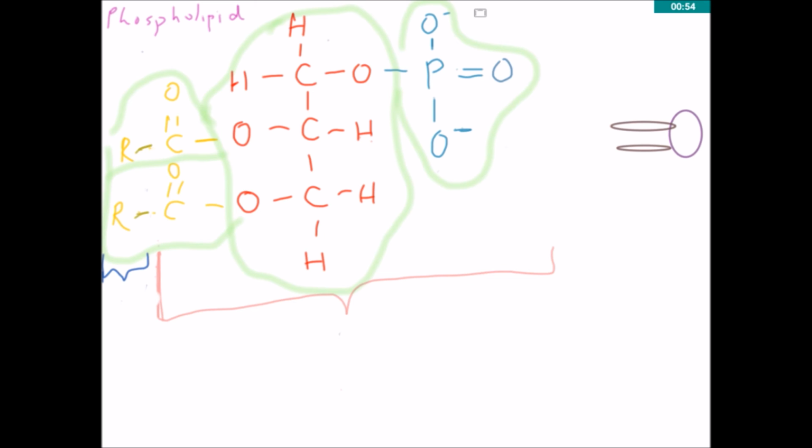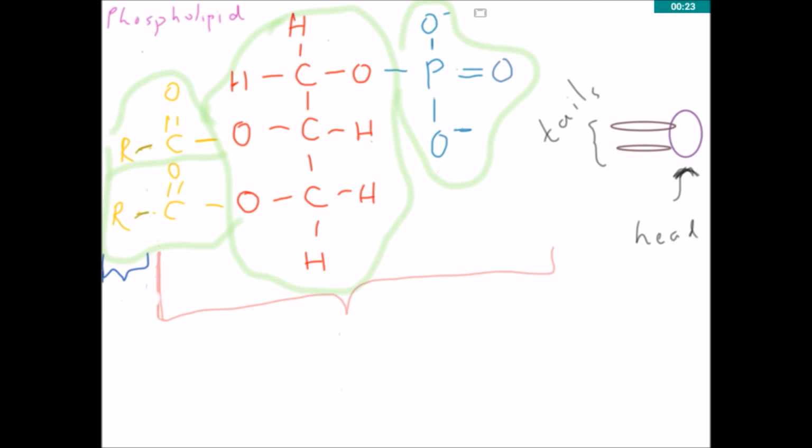So that's why we call it a phospholipid molecule. You can see here, I've drawn the phospholipid molecule in a very simple diagram. In the right hand corner, you can see the purple color is the head, and these two are the tails.